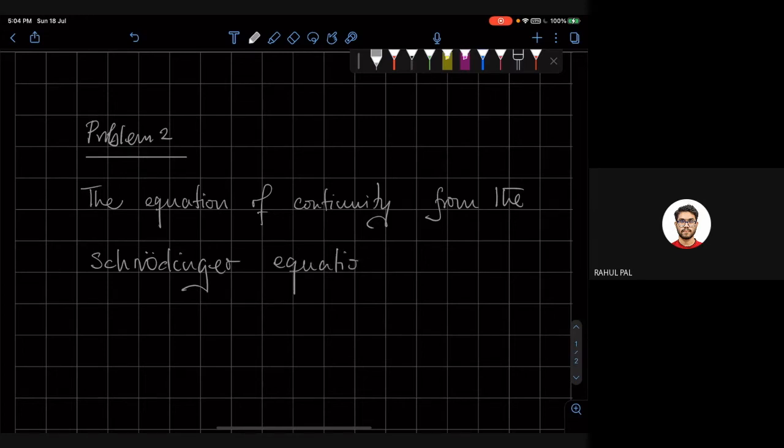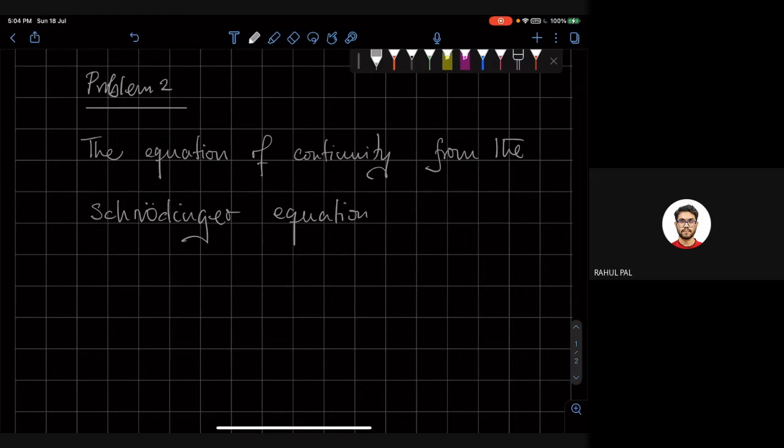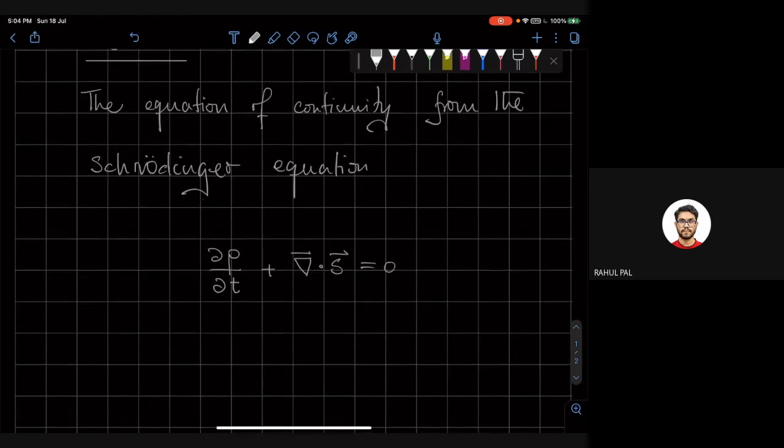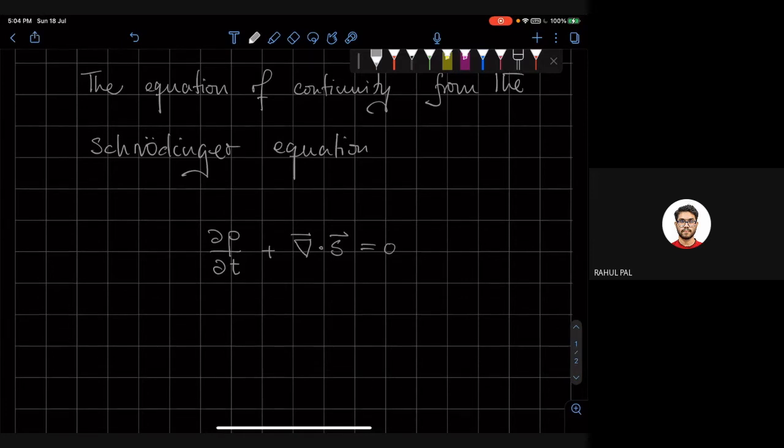So what is the equation of continuity? The equation of continuity states that you have some kind of a density of some fluid, and the rate of change of the density of that fluid with respect to time is balanced by the flux of the flow of the current density out of that region, which is represented by the divergence of S, where S is the current density.